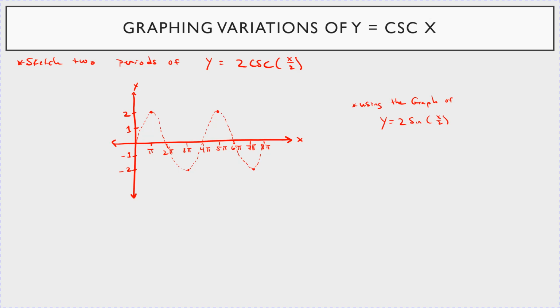So look, wherever it crosses the x-axis, you have these vertical asymptotes. And look, just see how quickly this now goes?